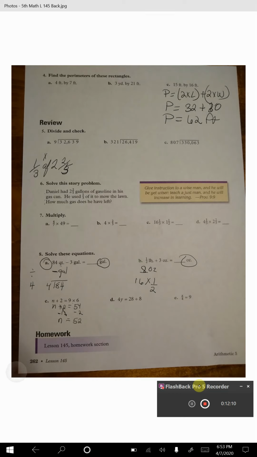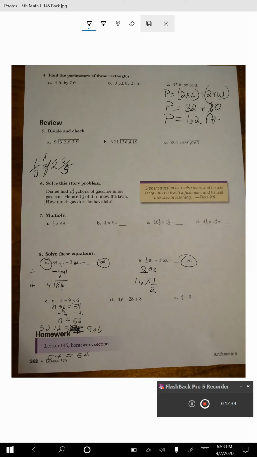I know that n is 52, so make the n the 52. Plus 2 equals 9 times 6, and I'll write this down here. 52 plus 2 is 54 equals 54.